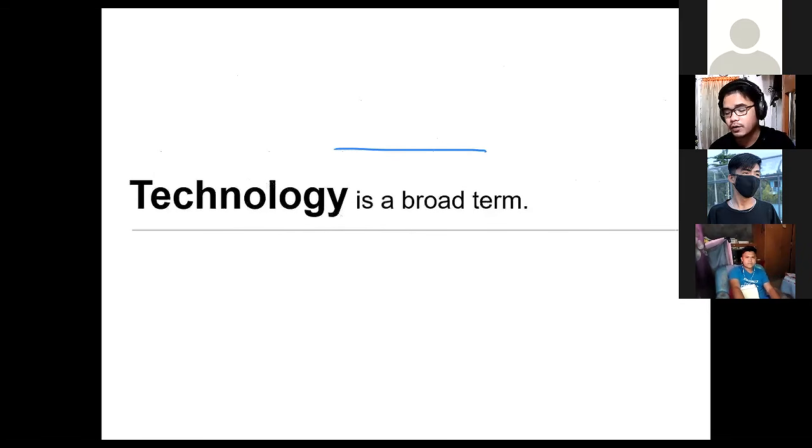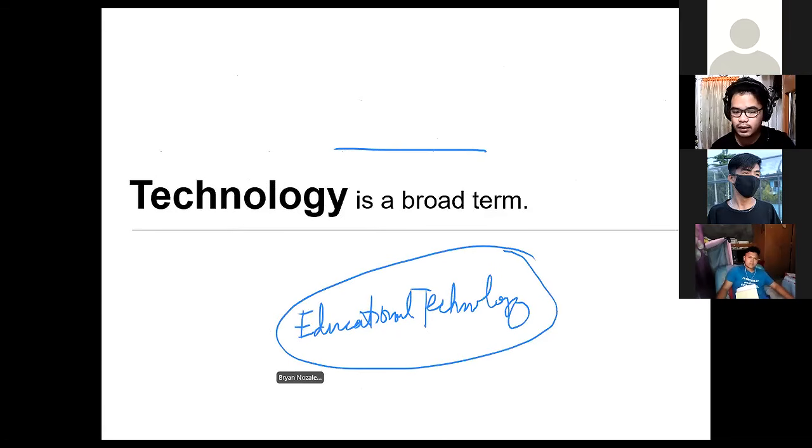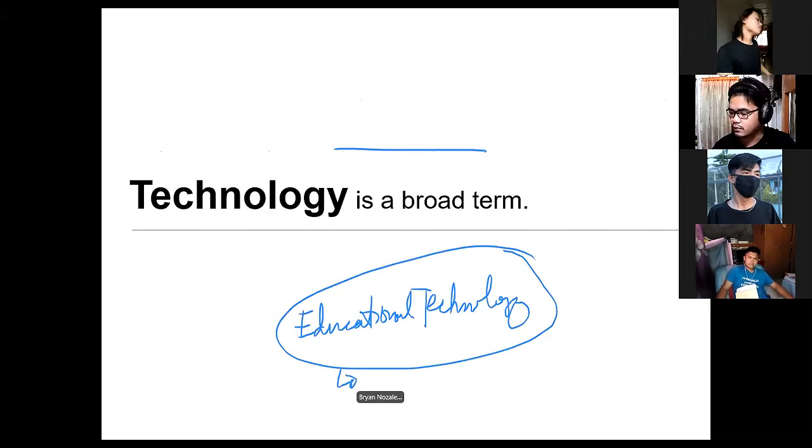In other words, this is what we mean by educational technology. Okay? So, educational technology is aiming in facilitating what?